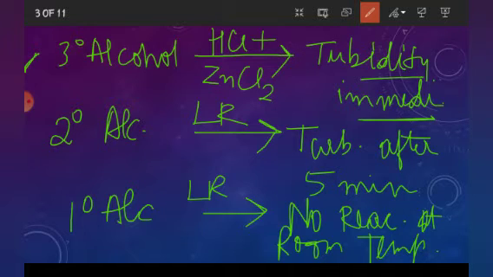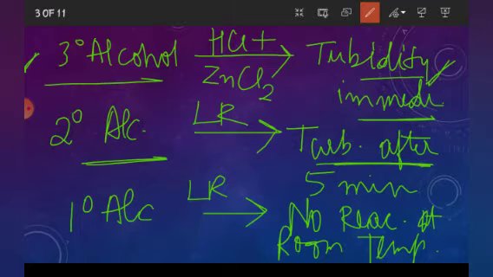Turbidity means milkiness. So, if there is a 3-degree alcohol, the turbidity will appear immediately. But if it is a 2-degree alcohol, then turbidity will appear after 5 minutes. And if it is a 1-degree alcohol, then there will be no reaction at room temperature.